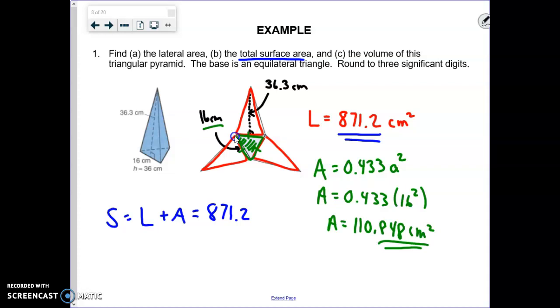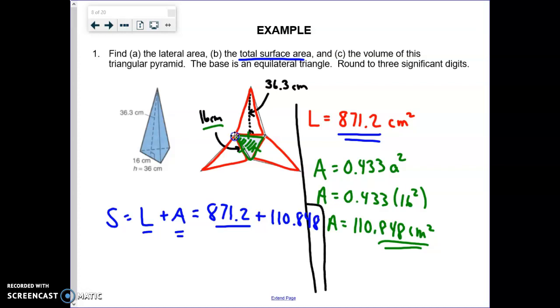I'm going to put a line here. This was our lateral area. This is the area of the base, which is right here, 110.848.